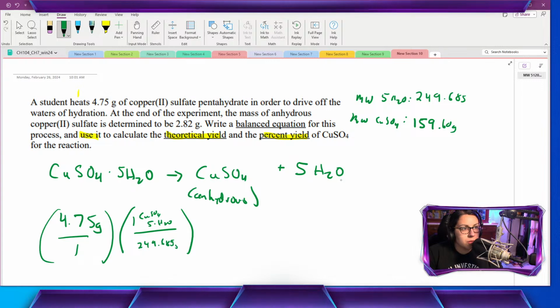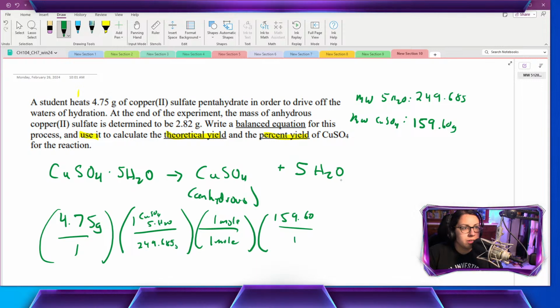Then they're in a 1-to-1 mole ratio, so this gives us moles of copper sulfate. Then we can multiply it by the molecular weight of our anhydrous copper sulfate and get our theoretical yield.